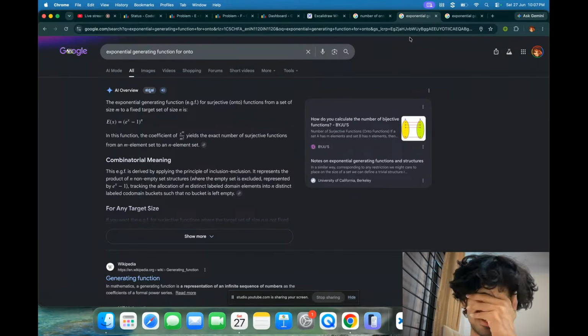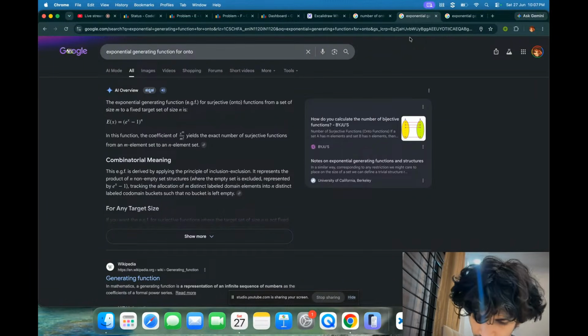So if you have L, which is a constant value, let's say L is a constant, and then you have n things that you're applying onto.